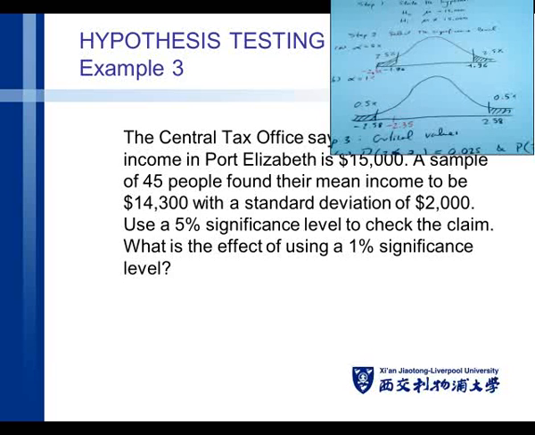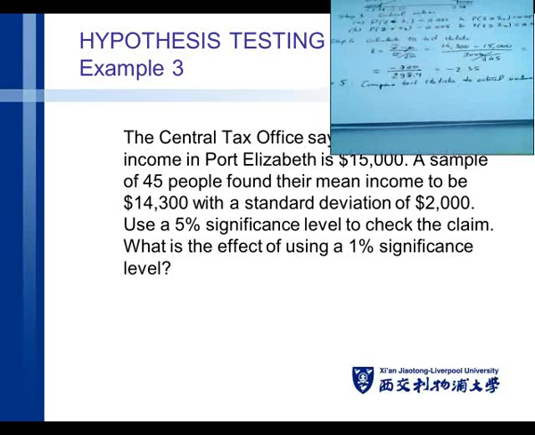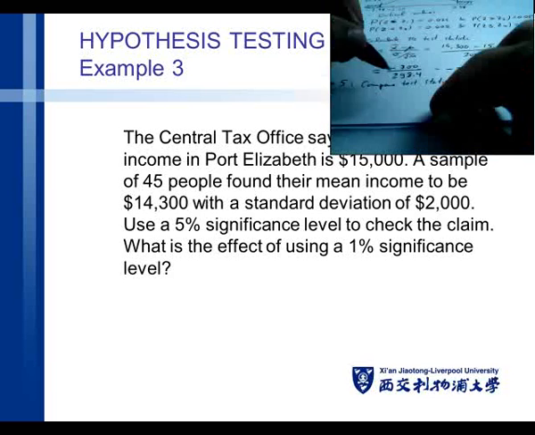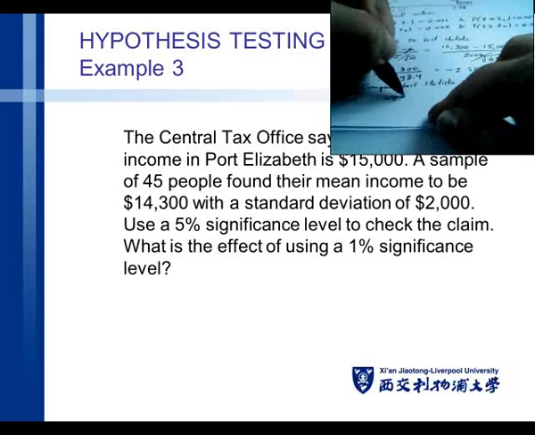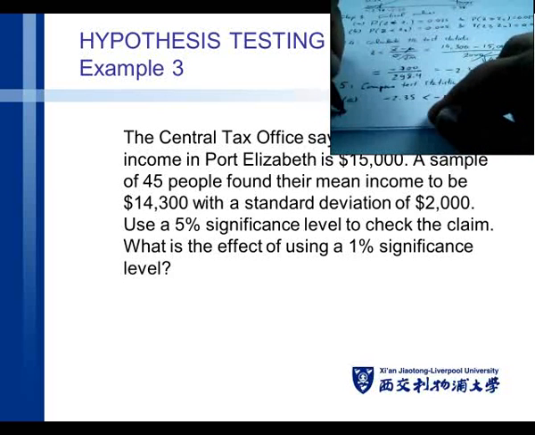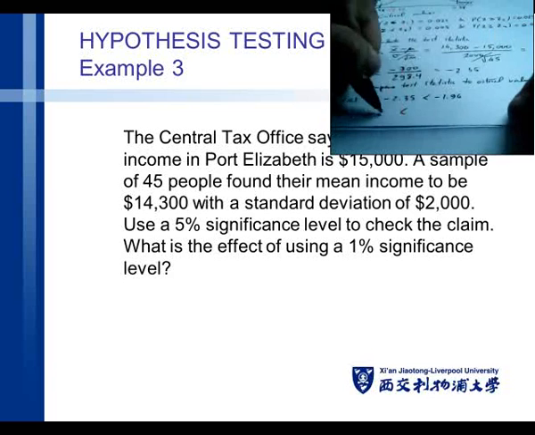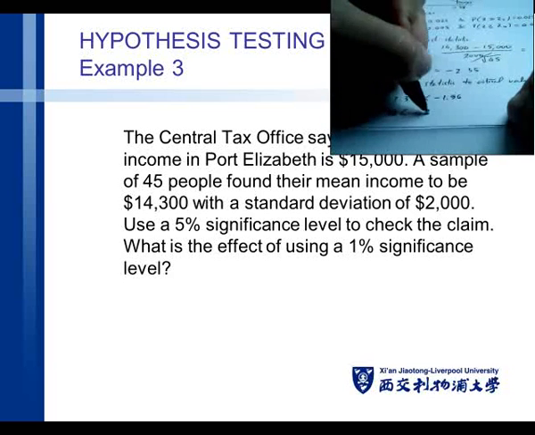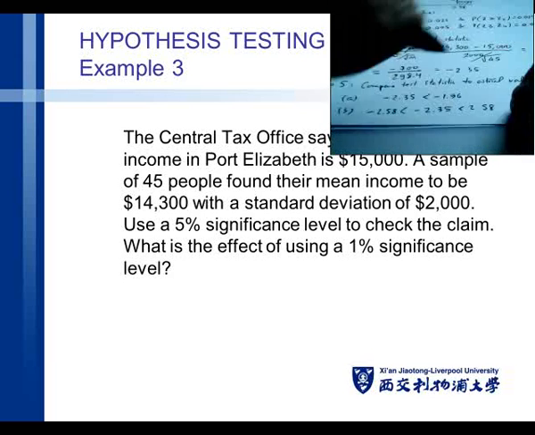So when you compare the test statistic with the critical values, when the significance level is 5%, minus 2.35 is smaller than minus 1.96. When it is 1%, minus 2.35 lies between minus 2.58 and 2.58.